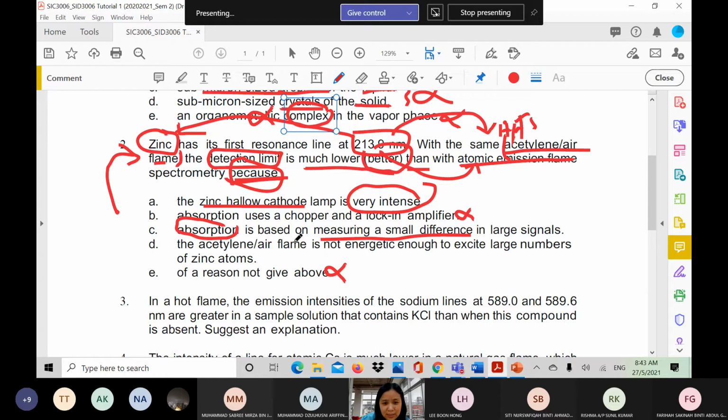It's talking about absorption being based on measuring a small difference in large signal. No, we know that absorption is based on how much of the neutral unexcited atom is being excited to the excited state. That is the definition of absorption, right?